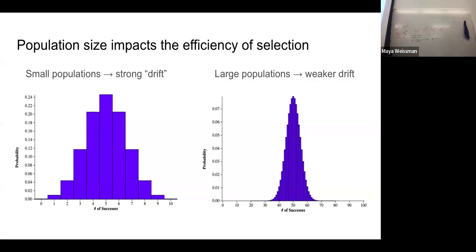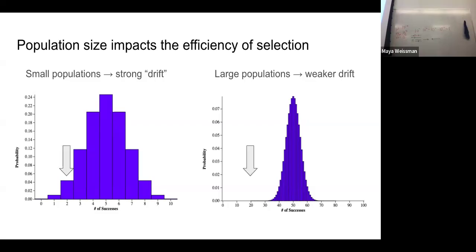But I just took a random binomial number generator and did 10 samples versus 100 samples. Same 50% probability, and I get these two different distributions. They have the same mean, but the variance is different when you decrease the sample size.